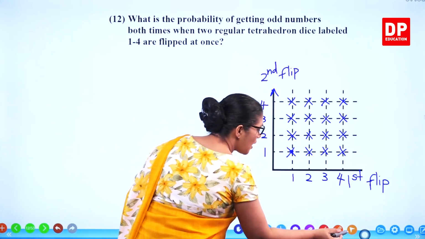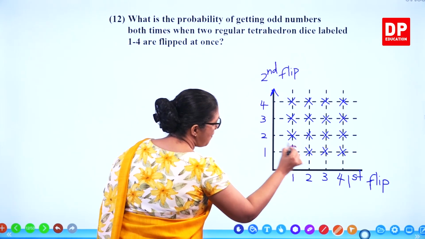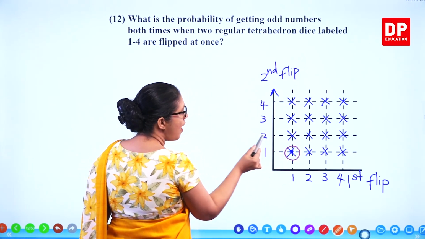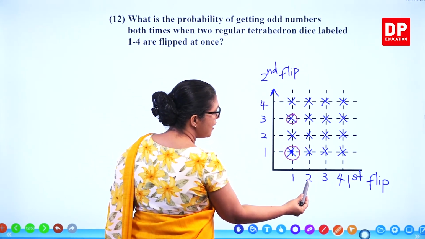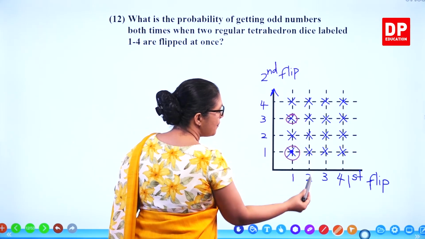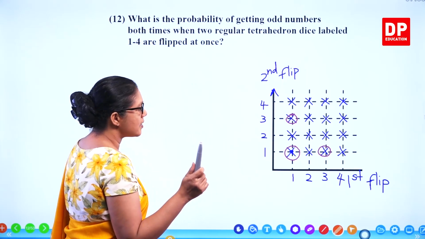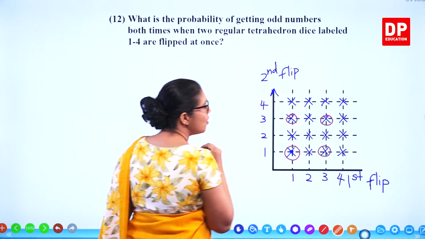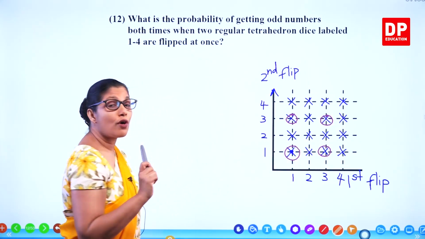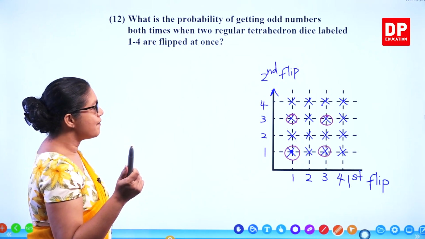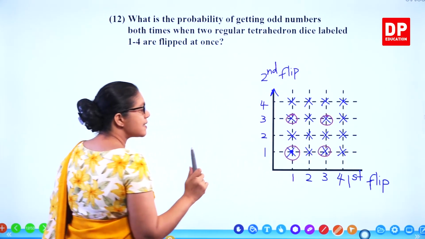So we'll select the possibilities. 1 and 1, both are odd numbers. 1 and 2 you can't take because 2 is an even number. So 1 and 3. What about 2 here? You can't take the whole column because 2 is there. If you take 3, 3 and 1 both are odd numbers, and 3 and 3 is also possible. What about 4? The whole column you can't take because 4 is an even number. So 4 possibilities out of 16.